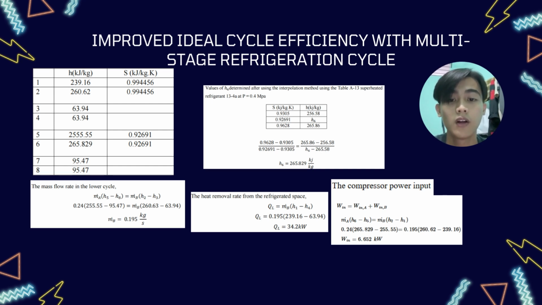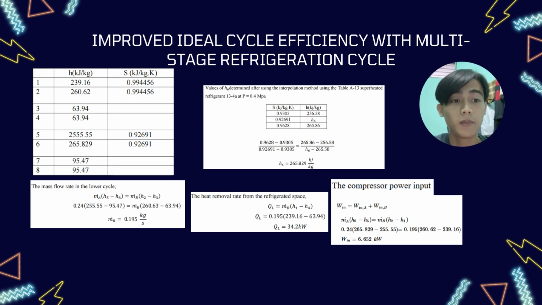Not just that, we will find the entropy value, which is S5 and S6. After referring to the table, the value of Sg for S5 and S6 is equal to the value of Sg at 400 kilopascal, which is 0.92691.